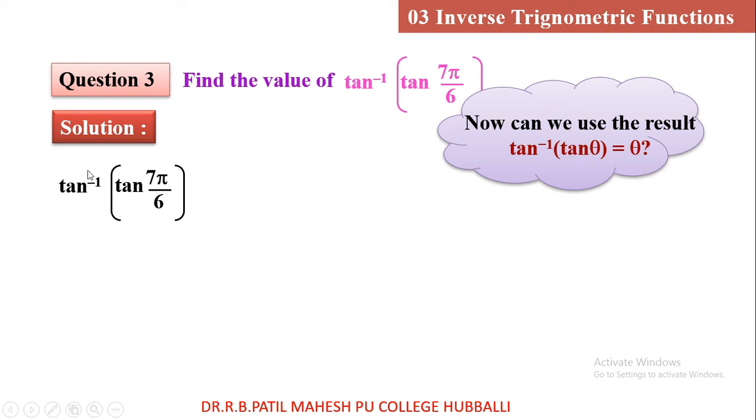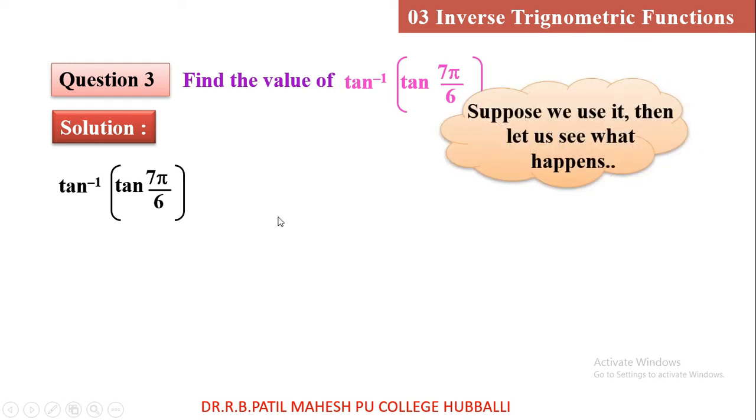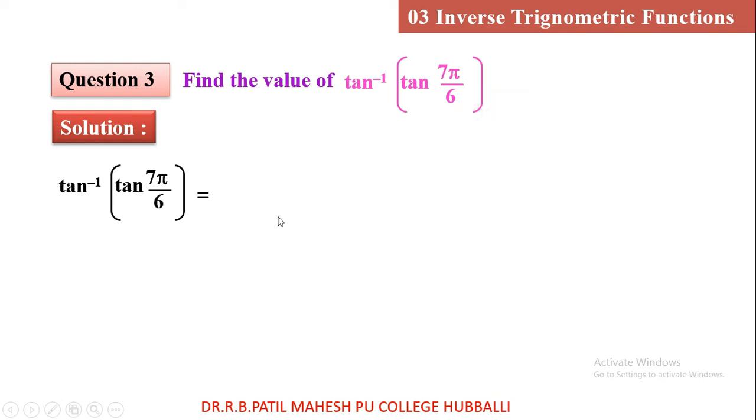Is it possible to remove tan inverse and tan and write the answer 7 pi by 6? Let us see what happens. If I write 7 pi by 6, but we know that 7 pi by 6 is 7 into 30 degree, 7 3s are 21, so 210 degree does not belong to the range of tan inverse.